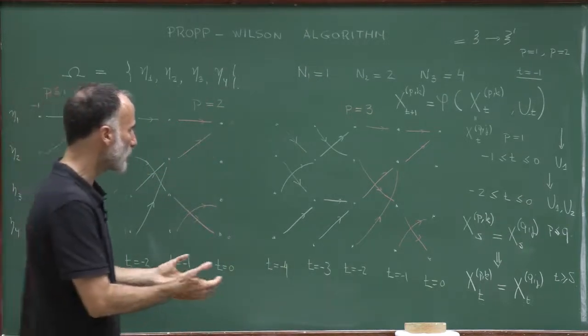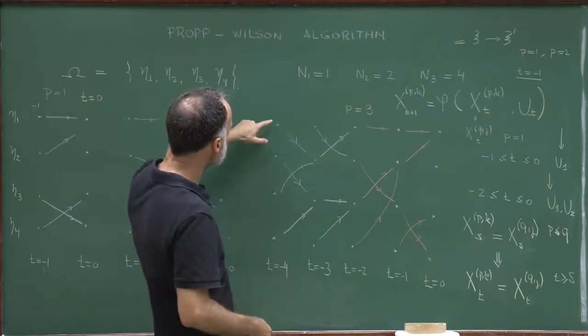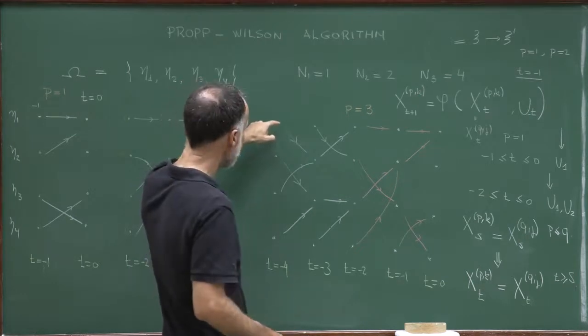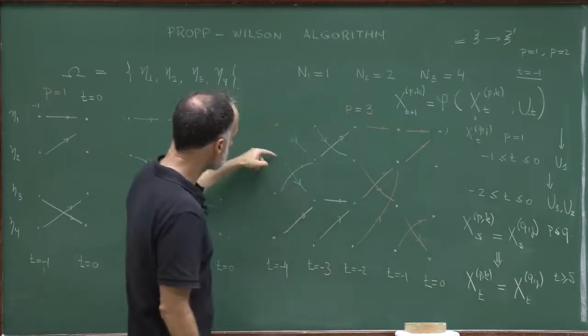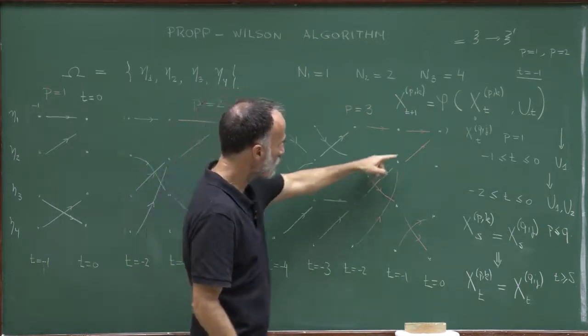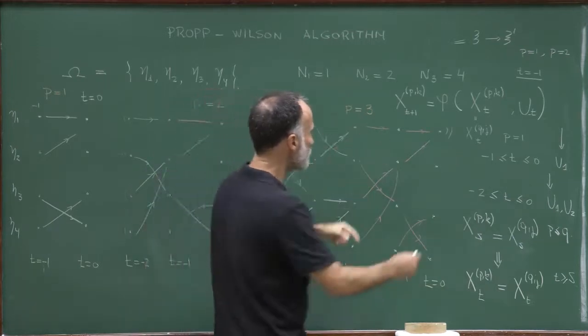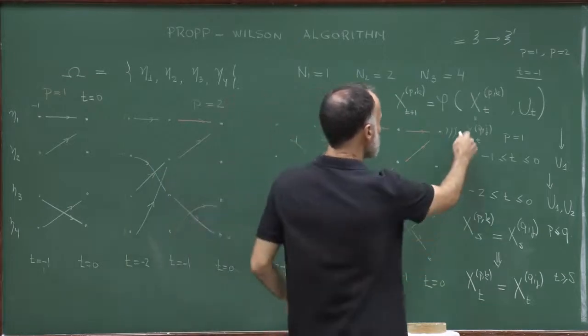And now we follow these arrows. So if you start at time minus 4 from configuration eta 1, you reach eta 1. If you start from eta 2, you reach eta 1. If you start from eta 3, you reach eta 1. And if you start from eta 4, you also reach eta 1.